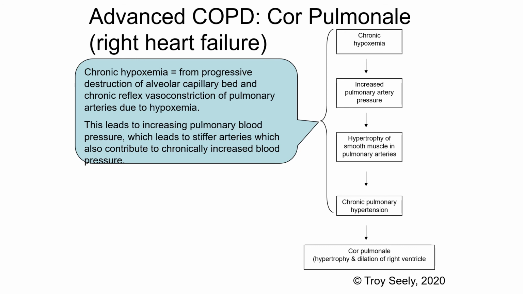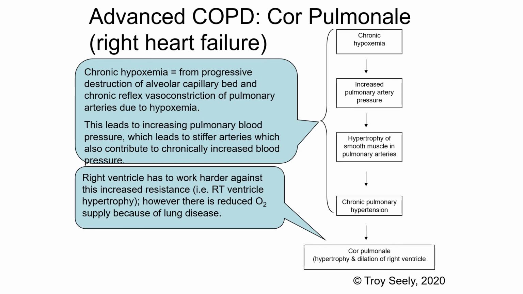So that's going to lead to eventually stiffer arteries to try to manage the increased pressure that's there. So you're going to have hypertrophy of the smooth muscle in the pulmonary arteries as a result. And that's going to contribute to chronically increased blood pressure.